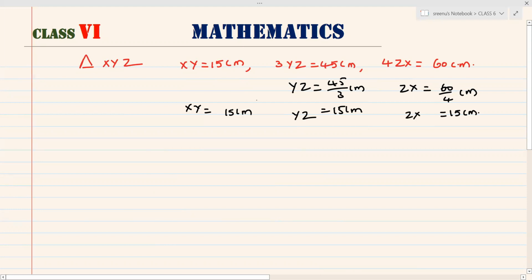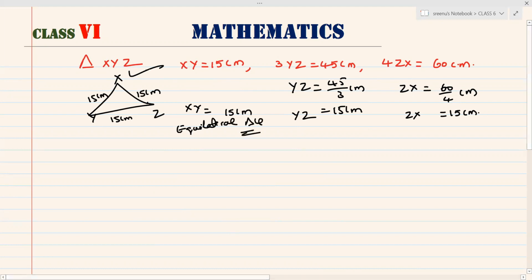If all 3 sides are equal, what kind of triangle is it? Yes, it is an equilateral triangle. Okay. Next.